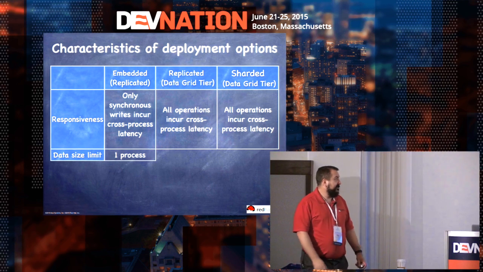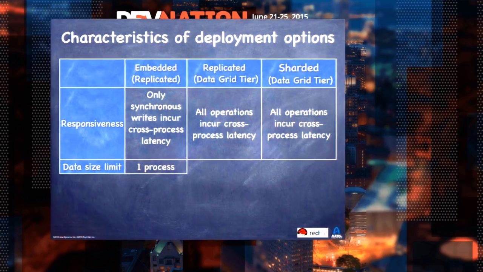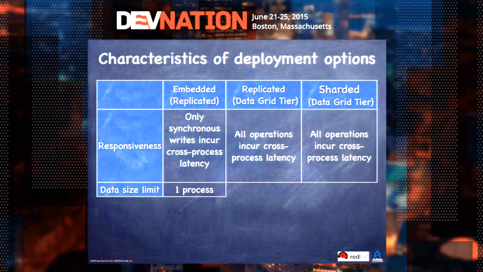From a data size limit, in my embedded model, I can only manage about as much memory as I can have on that one machine or that one process. Same thing too for the replicated model, right? Because replicated means that I'm taking that exact copy and doing that over several machines. So it has the same limitation as embedded. But that's where the sharded model comes into play, right? Because now I have this unlimited capability.